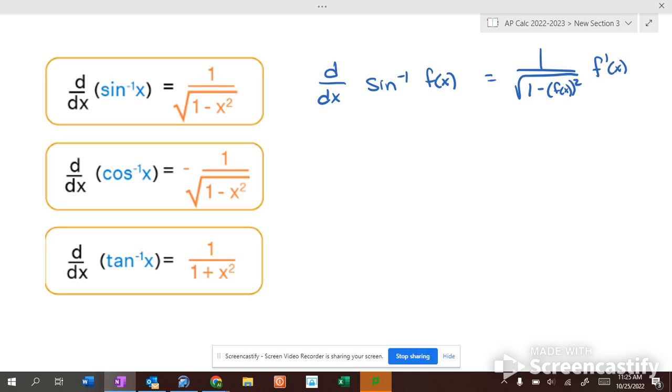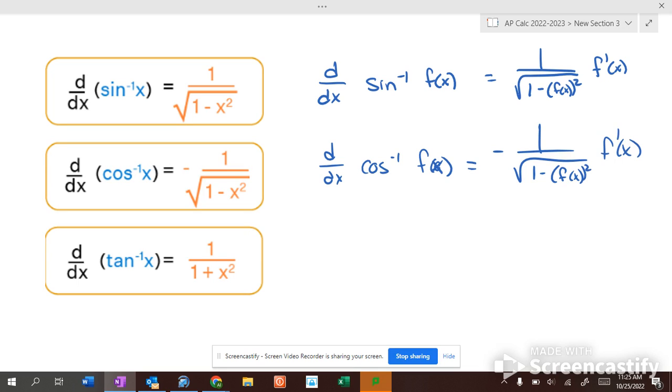So cosine would just be the negative of that. And tangent would be, basically, if we multiply by the first derivative, the numerator becomes the first derivative, right? So I can just rewrite it like this.